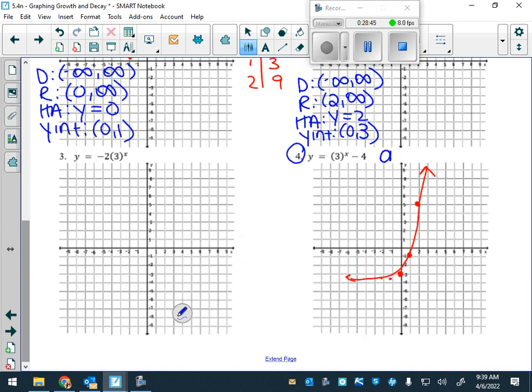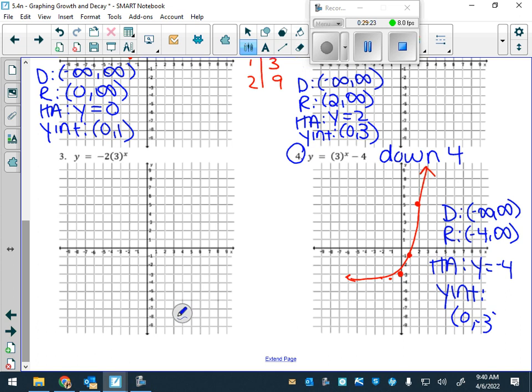Now looking at number 4, we move down 4. Okay. What is our domain? Josh? Good. Coop, what's our range? Good. -4 to infinity. Mia, horizontal asymptote? Y equals -4. And our y-intercept, what would we get? Jason? 0, -3.